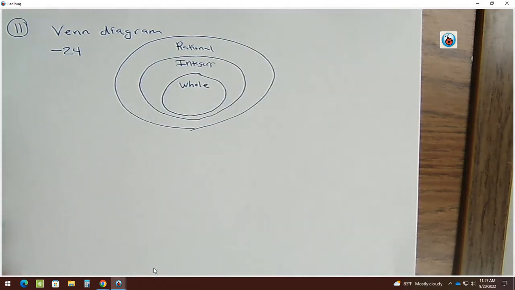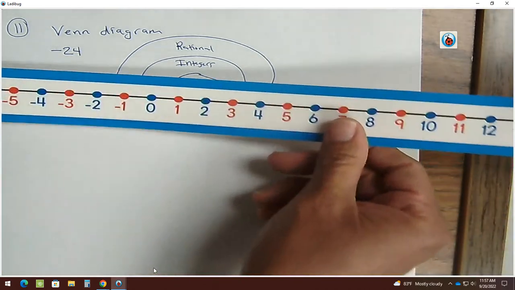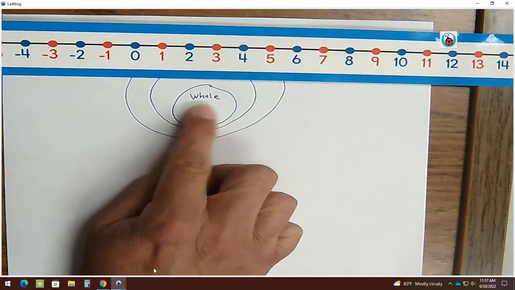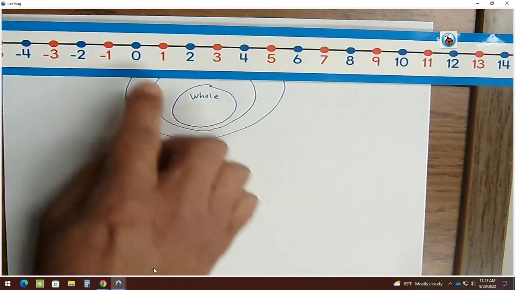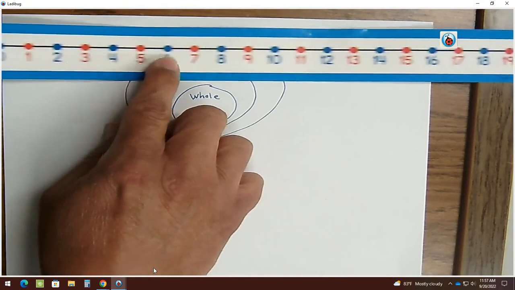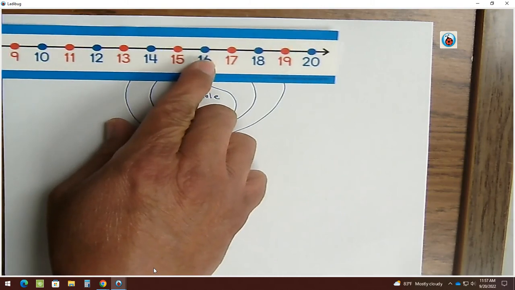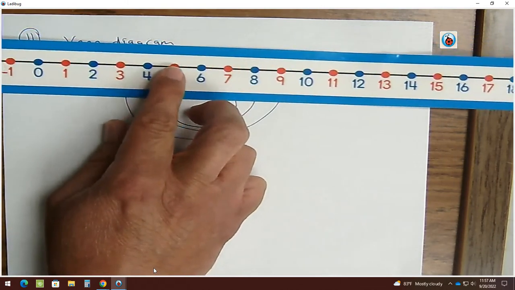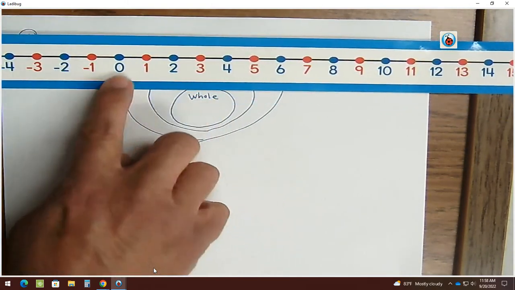Now, I'm going to remind you, I'm going to do a quick lesson on this in case you forgot, using the number line. Okay? All the numbers that you'll place in this circle will be the ones on the right side. All your positive whole numbers are right here to the right side, which is the blue on my wall. All the blue numbers on my wall, those are the ones that go here, including 0.